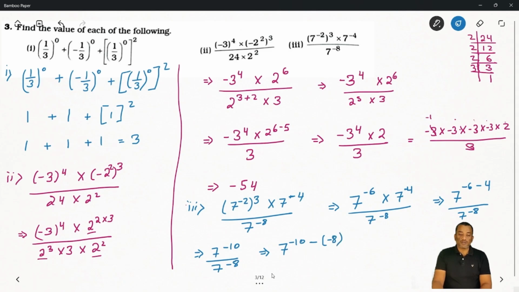So you will get 7 to power minus 10 plus 8. So you will get here 7 to power minus 2, which is equal to 1 by 7 square and is equal to 1 by 49. Hope it's clear. So this way we will solve this exercise.